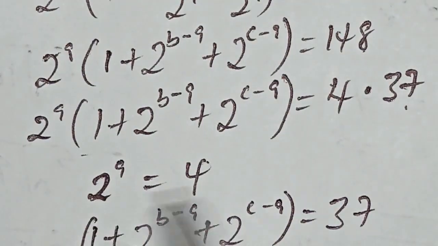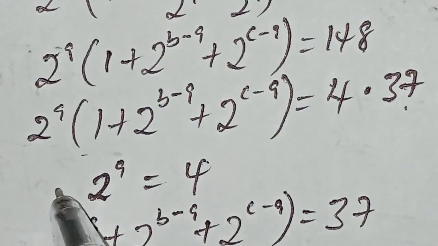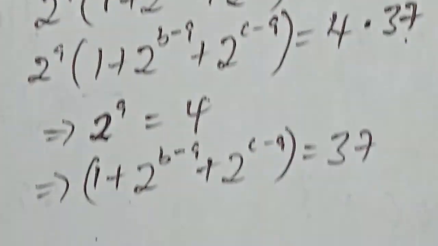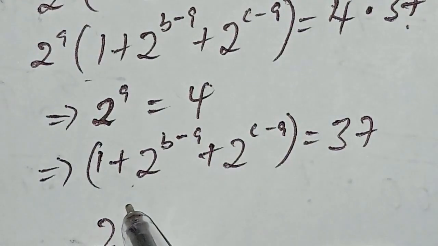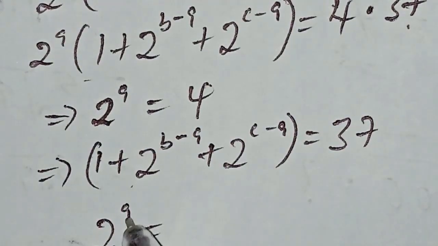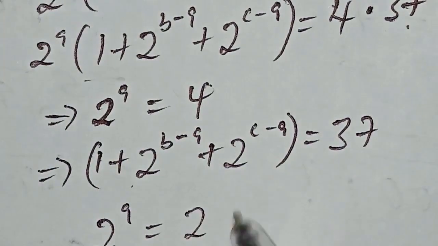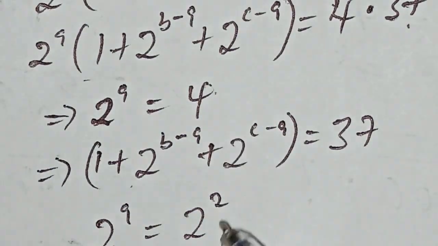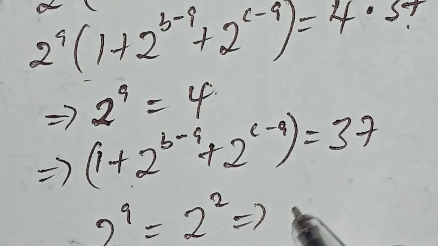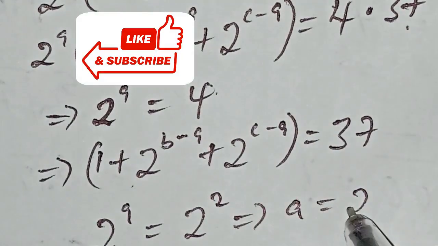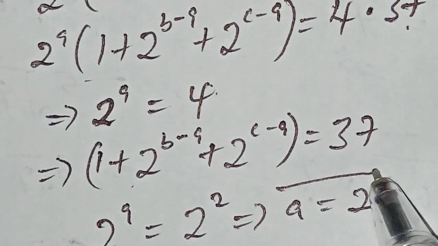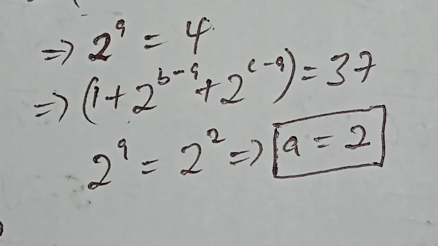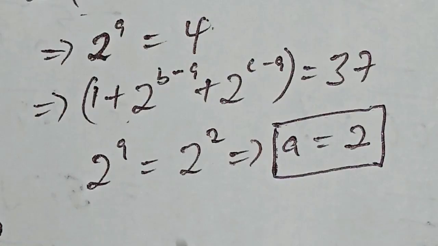So here we can find our a from this side, and that gives us 2 to the power of a equal to 2 to the power of 2 if we put this in base 2, and this implies that a equal to 2. So one of the values we are asked to find, a, is now equal to 2.